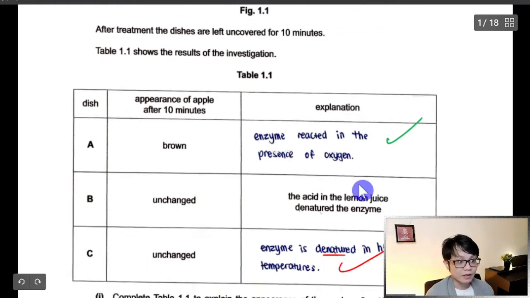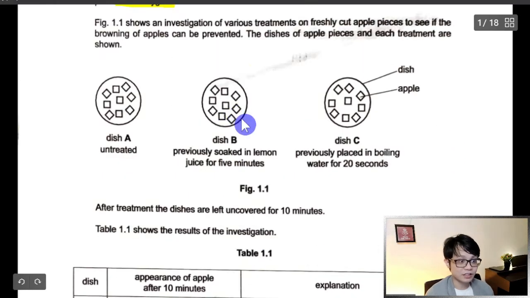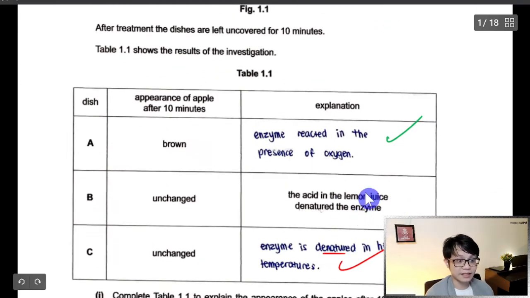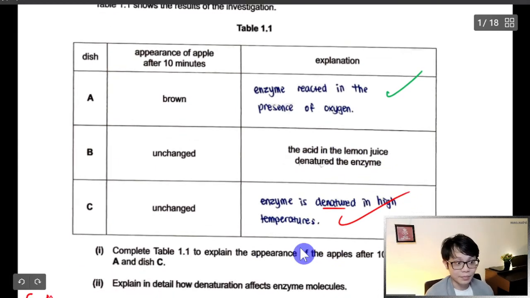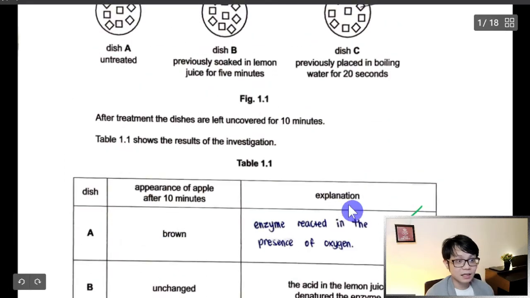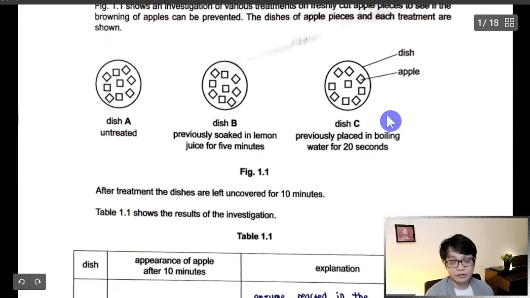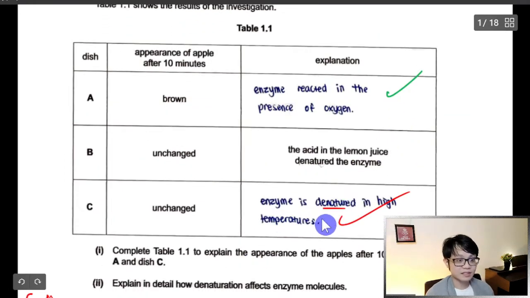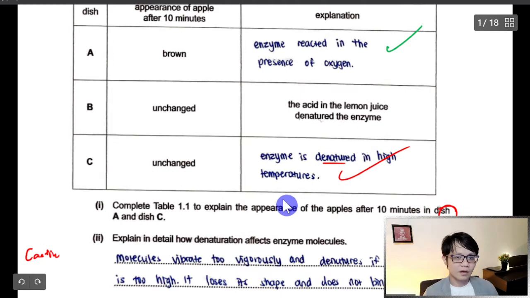Correct? Okay, unchanged, because there's acid, and the acid changes the structure of the enzyme. And for C, there's nothing much happening also because the enzyme is denatured at high temperature. Okay, the keyword is denature. So the keyword for the answer is denature.